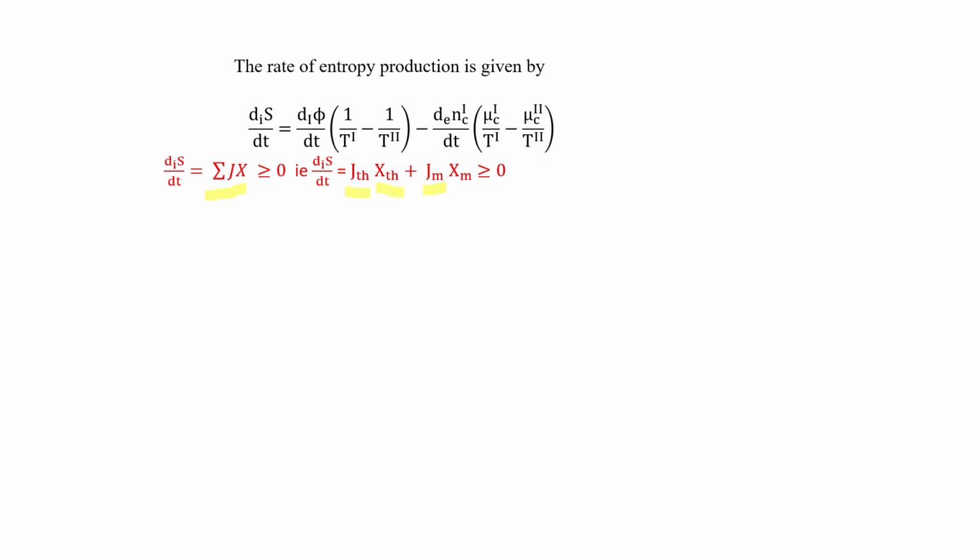The force for the thermal process is X thermal, and for the flow of matter we need the force XM. So X thermal will be equal to 1 by T1 minus 1 by T2, and XM will be equal to nu C1 minus nu C2.